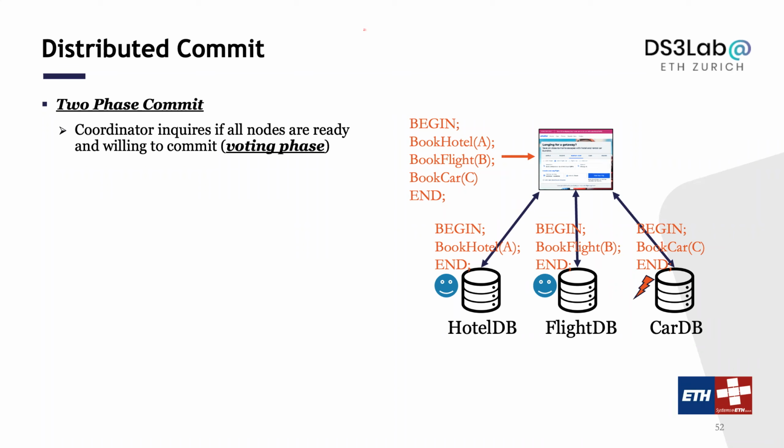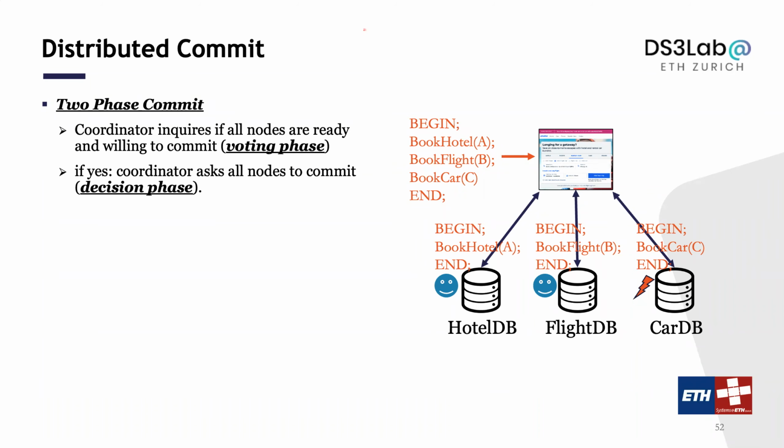In the first phase, my coordinator here is my price line service, right? It receives this large transaction and says, okay, everyone just vote. Tell me whether you are willing to commit this transaction or not. Each node is going to say, okay, let me look at whether I'm able to commit.